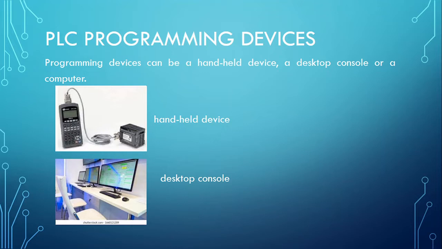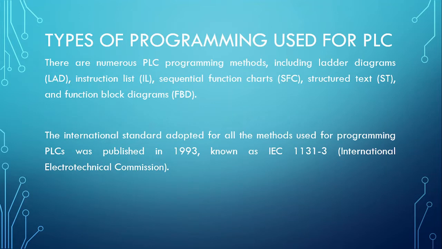For the types of programming used for PLC, there are several standard methods by which a PLC can be programmed, and all these programming methods are the standards given by the International Electrotechnical Commission, that is the IEC 1131-3 in the year 1993.